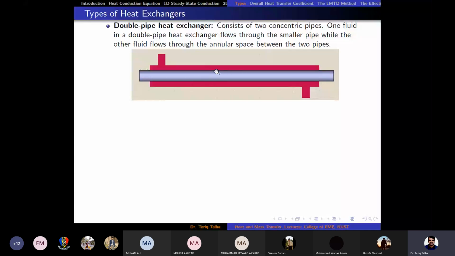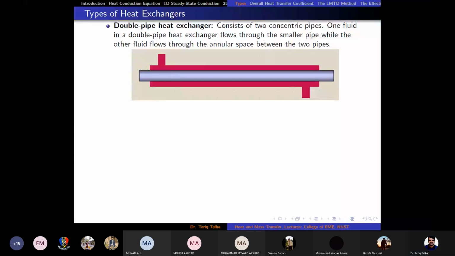One fluid passes through this blue smaller pipe, and the second fluid passes through the annular space between the smaller pipe and the bigger pipe. That is the red area, the annular space in which we have the flow of the second fluid.